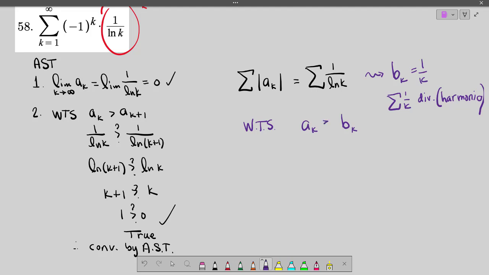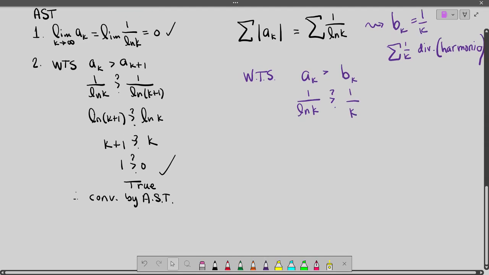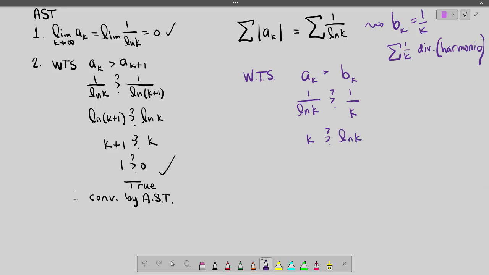So if we can show that, then we know that 1 over ln k diverges. So a sub k is always exactly what we're trying to analyze. We don't know if this is true or not. We do one cross multiplication, and we get that. And this is true.